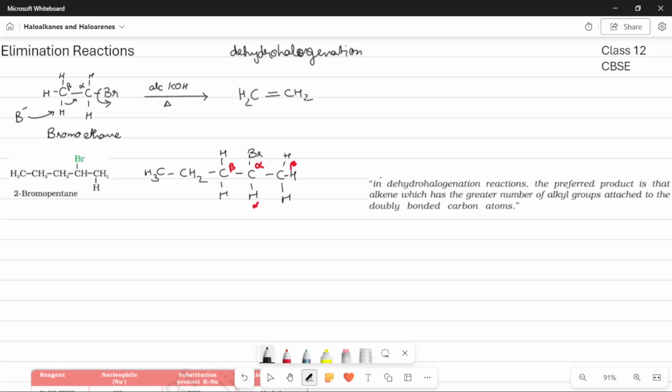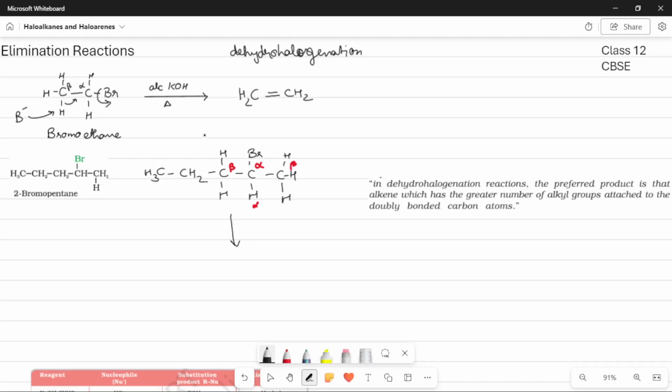Okay, so essentially what it means is that, let's say you have this, if the product was CH and then CH3, that product is more preferred. Okay, so we want a more substituted alkene. Now let's write down the products for this particular reaction.